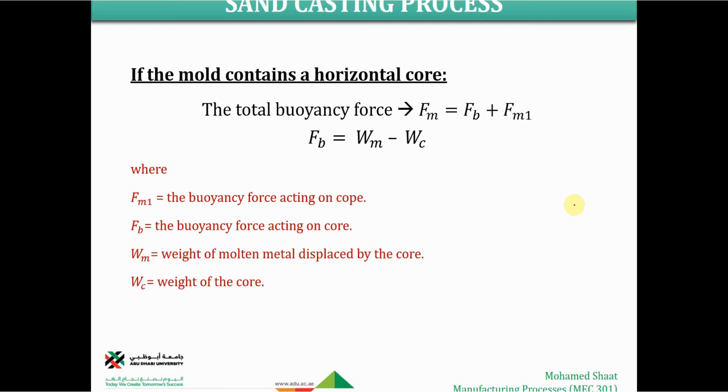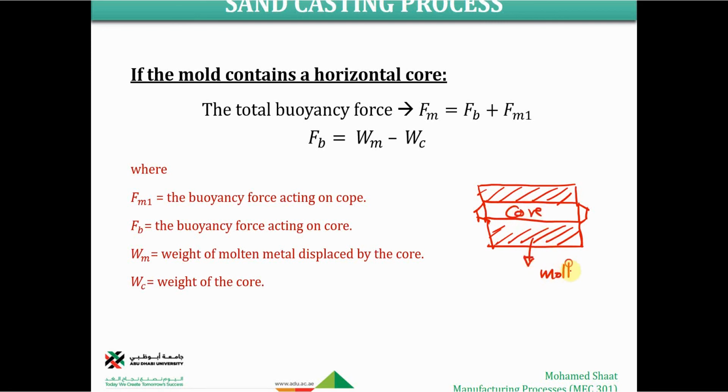For example, in case you have a core located horizontally inside the mold cavity, these are the core prints, and assume this is like a hollow cylinder in this way, and the thing in the middle here is the core. So there should be metal. This is molten metal.